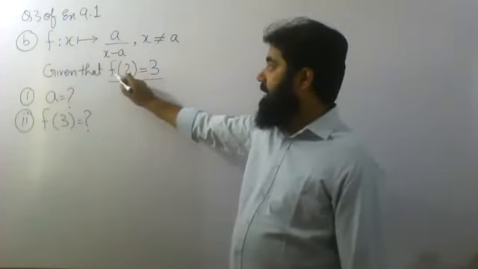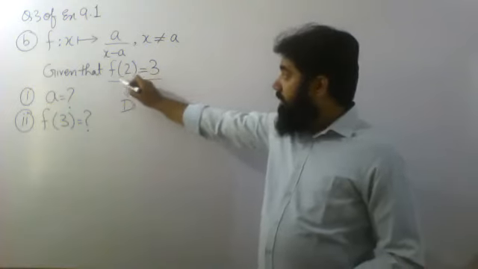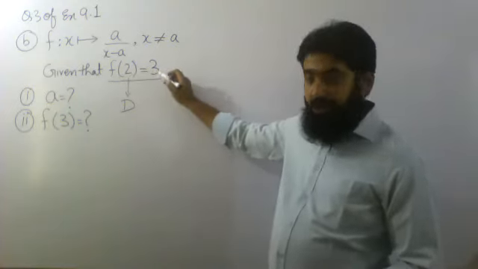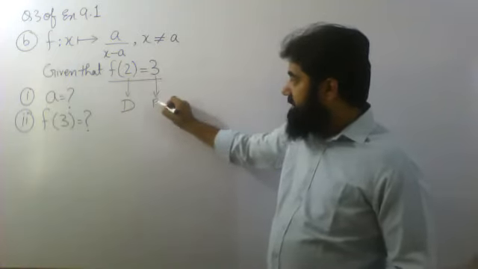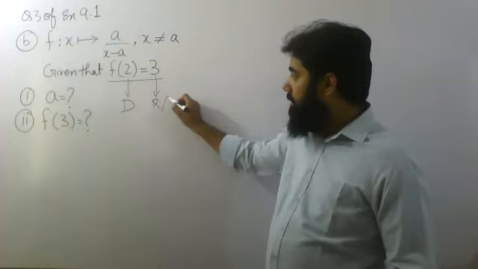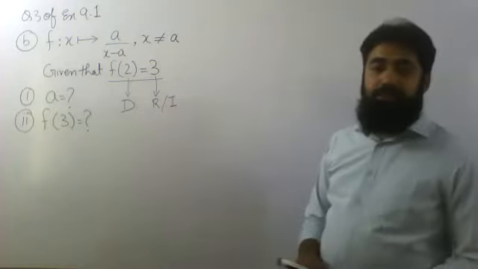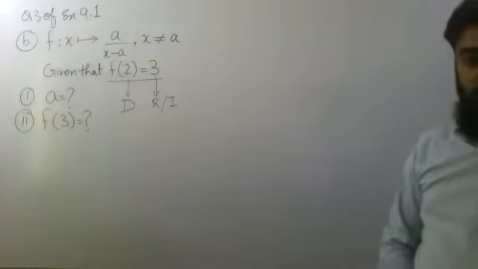And the thing which is written after the equals sign, f of 2 equals 3, they are telling you that this thing is the range, or this thing is your image.